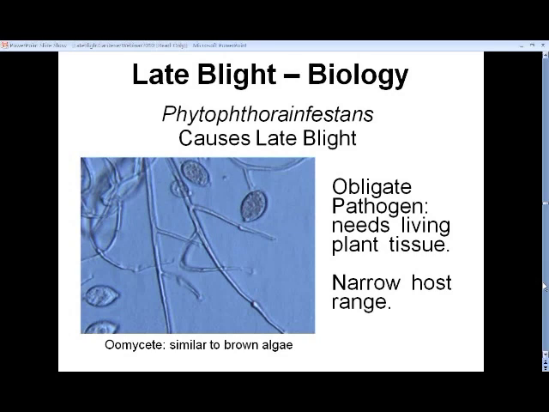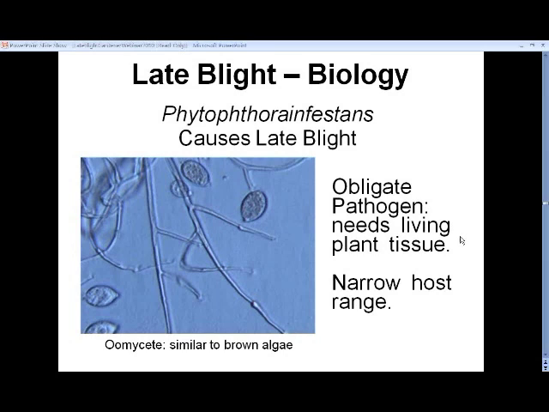It's important to understand the biology of any disease and the pathogen that's causing it. Having an understanding of the pathogen and the disease helps an awful lot when it comes to managing it. With this particular disease, it's caused by a pathogen whose name is Phytophthora infestans. It's important to understand that it's an obligate pathogen.